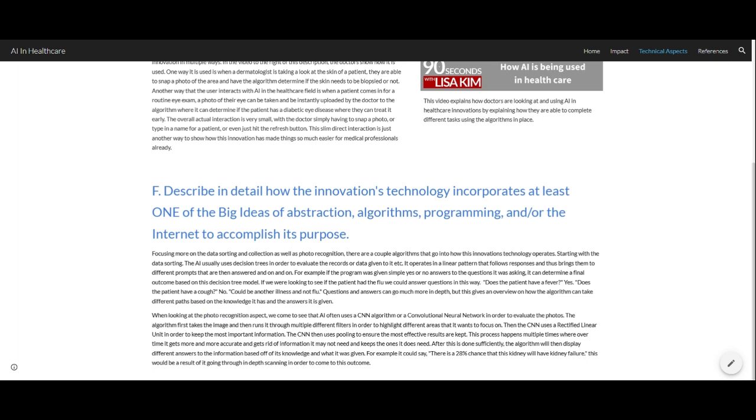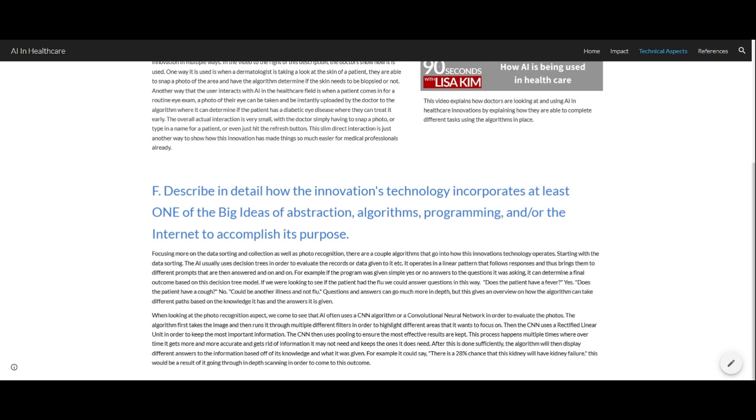I talked about how CNN algorithms, or convolutional neural networks, are used to evaluate the photos. I talk about how it uses a ReLU, and how the CNN uses pooling to go over and over again, using different filters on different photos, getting rid of information it doesn't need, keeping the ones it does need, doing this multiple times.